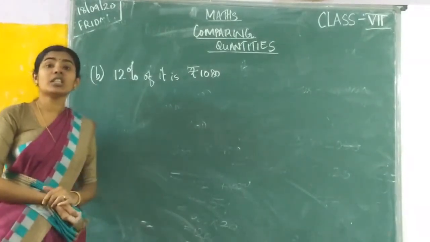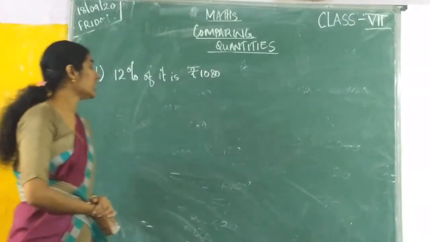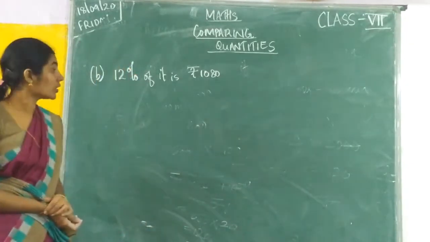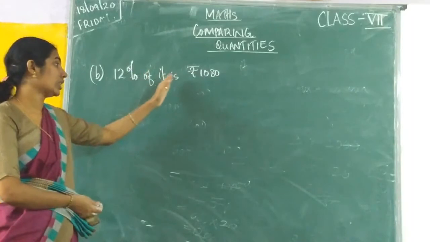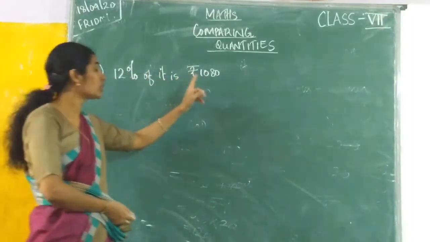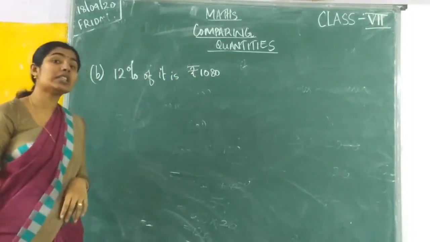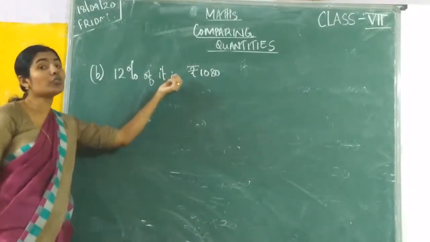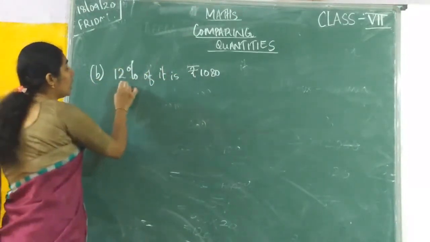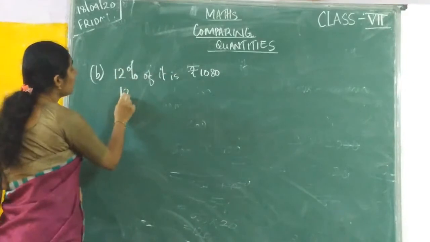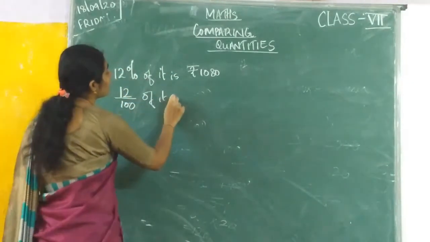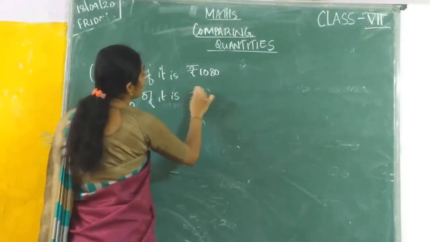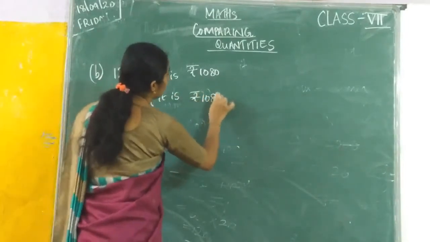See the next question. 12% of it is rupees 1,080. So how to find the whole quantity? 12% means what? 12 by 100. 12 by 100 of it is rupees 1,080.